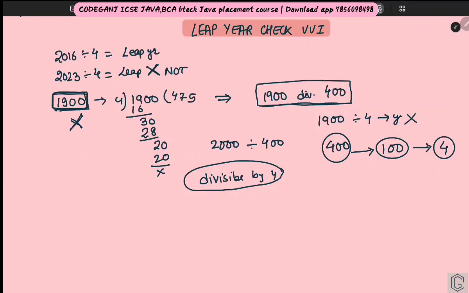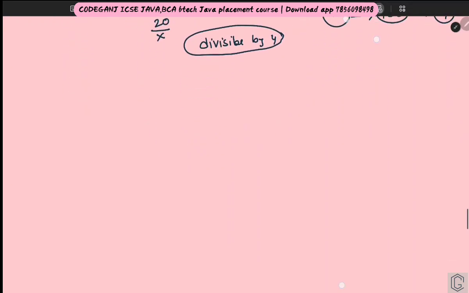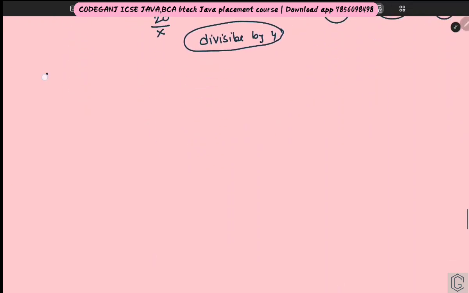That is why what we will be doing is, suppose you took input from the Scanner class. You took the input of year, like int year equals sc.nextInt, right? You will write all the same lines for the scanner and take input. Then you first have to check if the year is divisible by 400 or not.